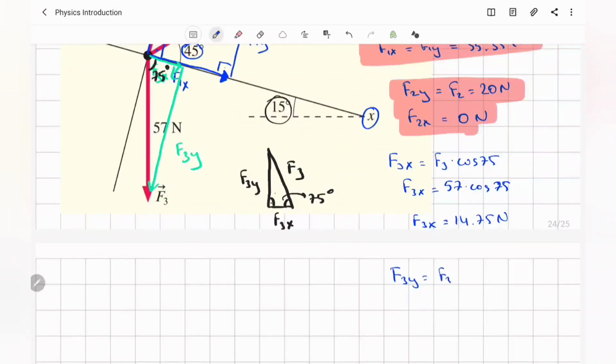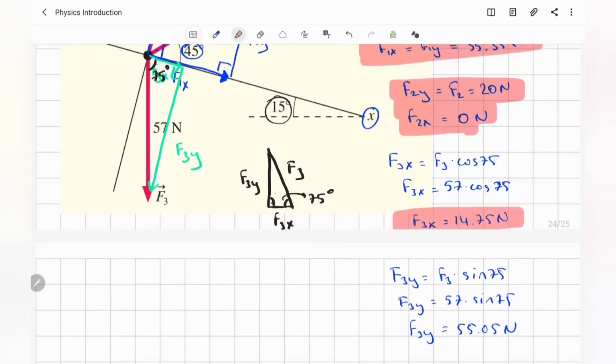Now let's come to the y component. F3y equals F3 times sine 75, 57 times sine 75, and finally we get the answer, which is 55.05 newtons. X component, y component.